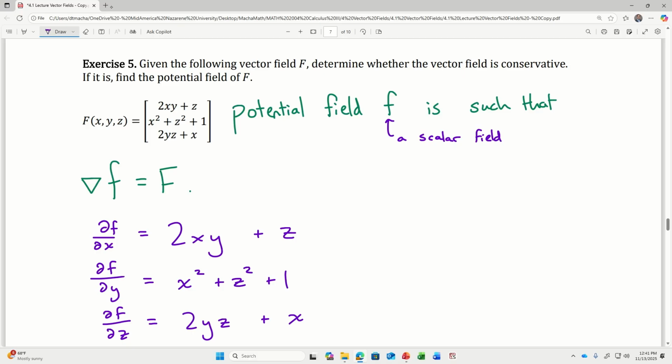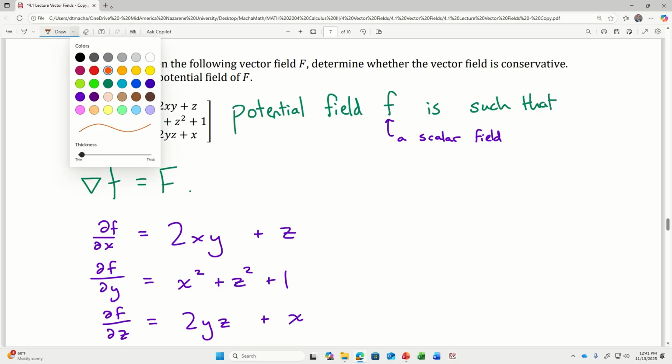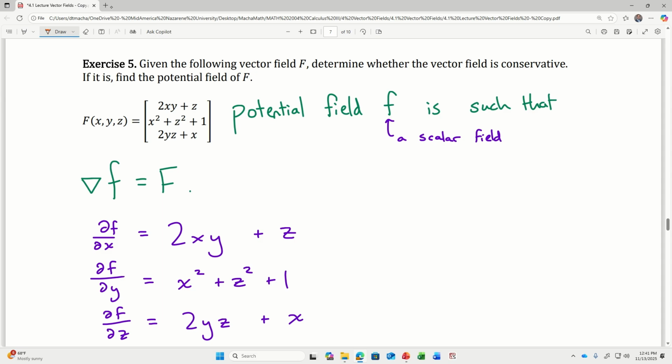So what we're going to do is three things. We're going to take the antiderivative of 2xy plus z with respect to x. We're also going to take the antiderivative of x squared plus z squared plus 1 with respect to y.